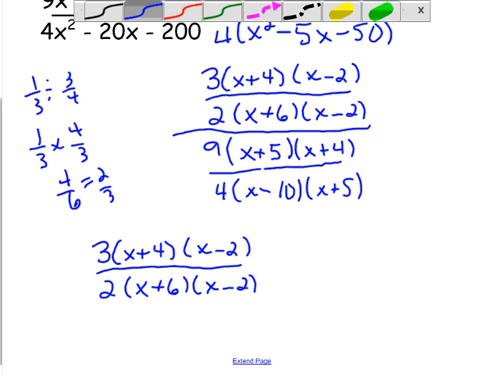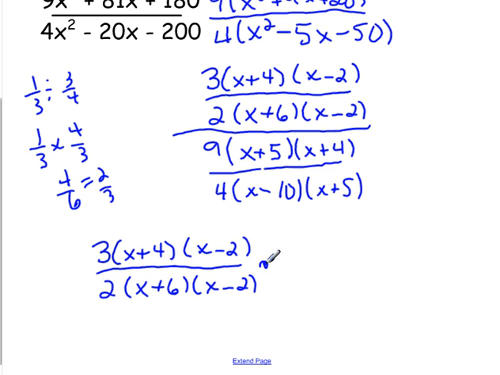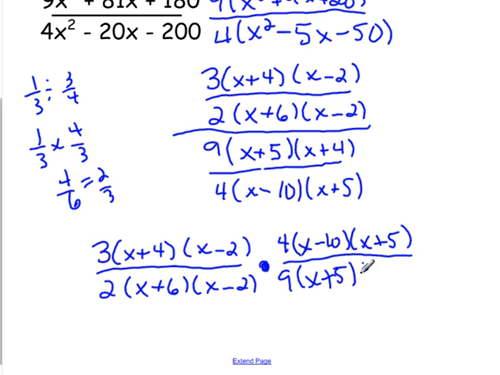So we're going to go times, and then write the reciprocal of the bottom. So it's going to be 4 times x minus 10, and then x plus 5. And on the bottom, now it'd be 9, x plus 5, x plus 4.